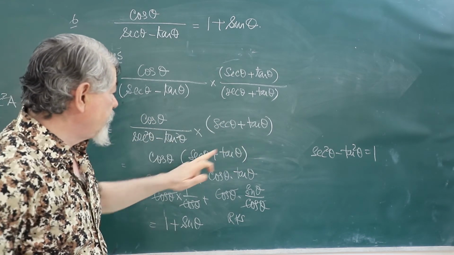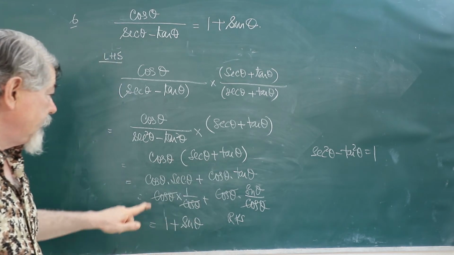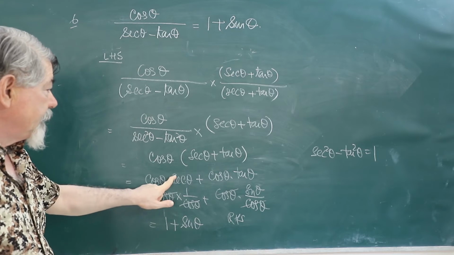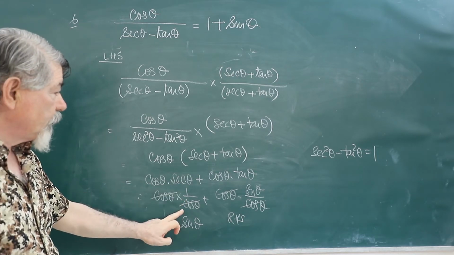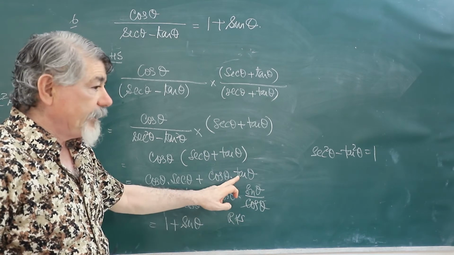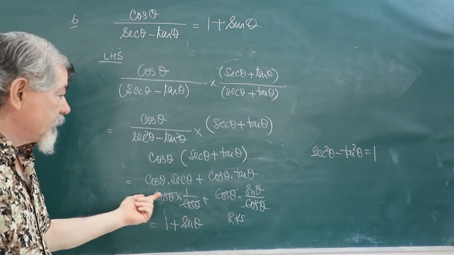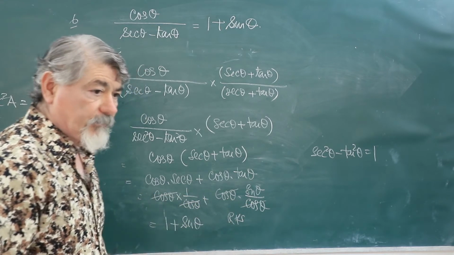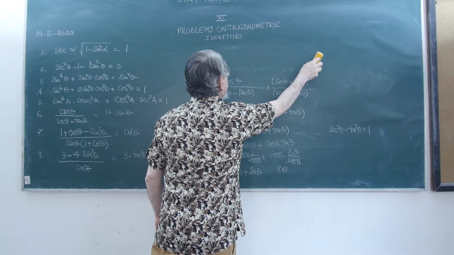Then we multiply cos theta into sec theta and cos theta into tan theta. Sec theta is the reciprocal of cos, so 1 upon cos theta times cos theta, plus cos theta times sin theta upon cos theta. These cancel, we got 1 plus sin theta. Now let us see question number 7.